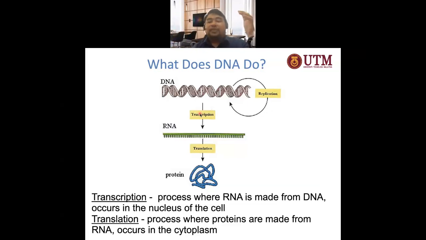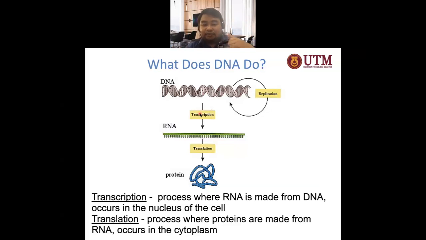After transcription, the RNA will continue going. The RNA from inside the nucleus will go out of the nucleus and into the cytoplasm to the ribosome. Near the ribosome, RNA will undergo the translation process.